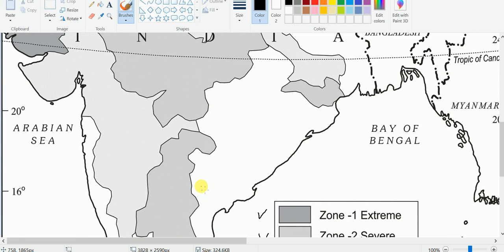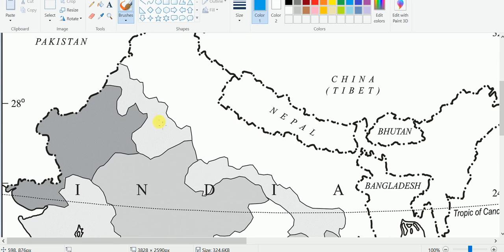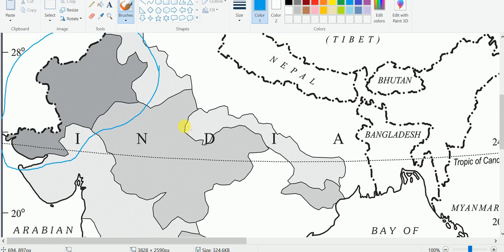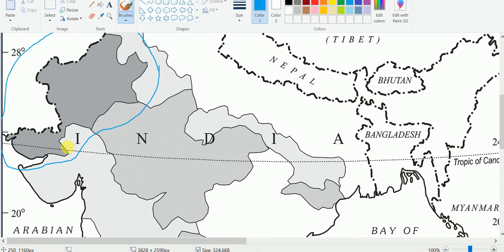When we examine this map, here in the northwestern part of India, in western Rajasthan and the northern part of Gujarat, we have extreme drought prone conditions.